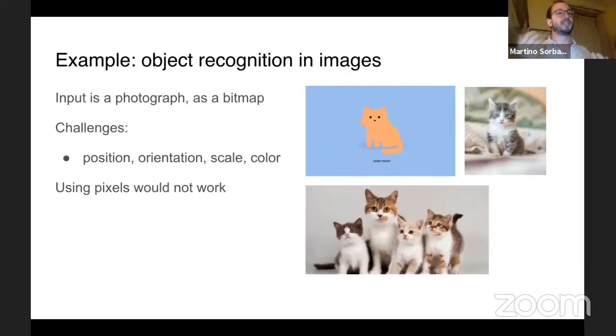And of course you would be right, but then I can still ask you, how do you know it has whiskers? How do you know it has fur? The real question here is, how do you go from photons that hit your eyes in a certain pattern to the understanding that this is a cat?